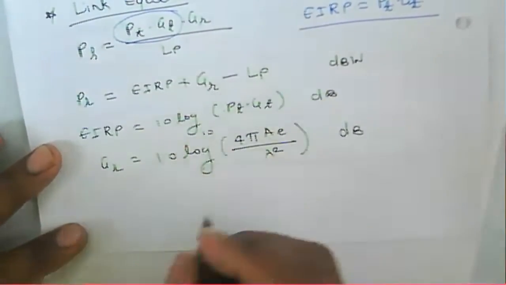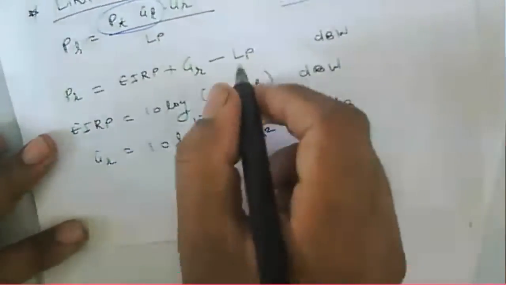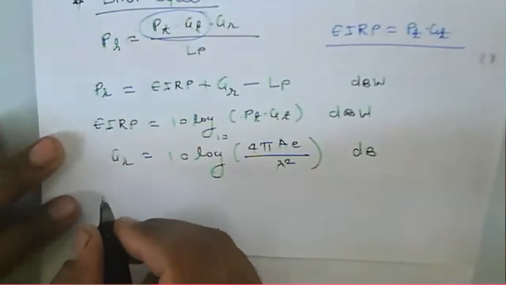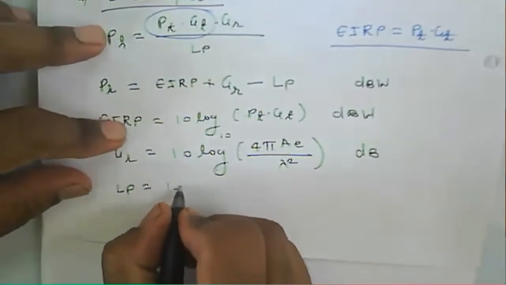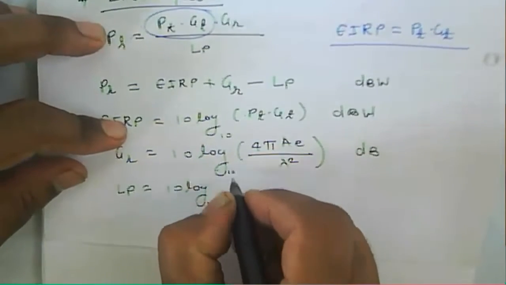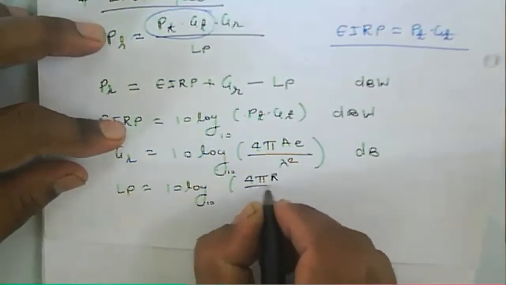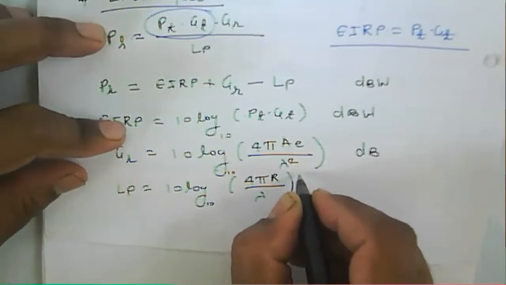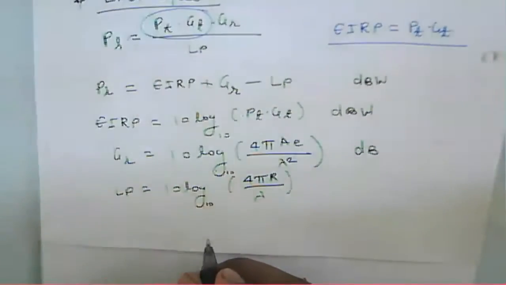This one is again in dBW. Then the path loss, LP, is 10 log base 10. Always consider that it is base 10. That is 4 pi R by lambda, and that will be the path loss.